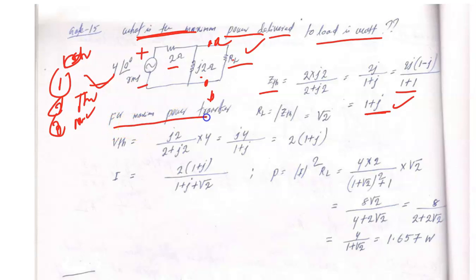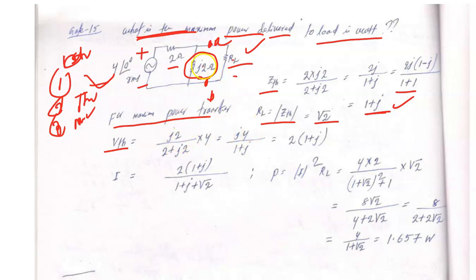For the maximum power transfer, what should be RL? Just now we have studied, it is the magnitude of the source impedance. What is the source impedance here? That is the Thevenin impedance across AB, which is root 2. Clear? Then the Thevenin voltage, that is the voltage across AB, because we have removed the ZL, is the voltage drop across this inductive reactance Z2 ohm.